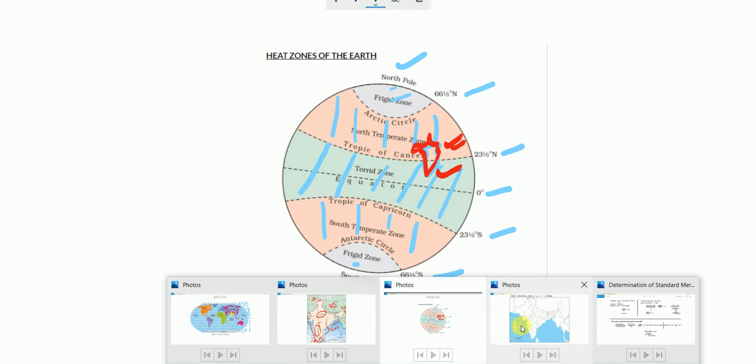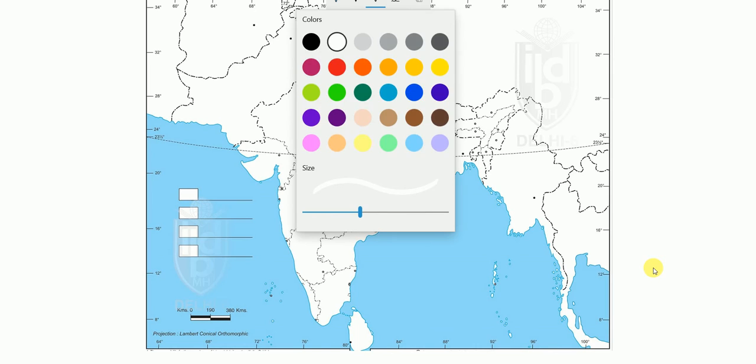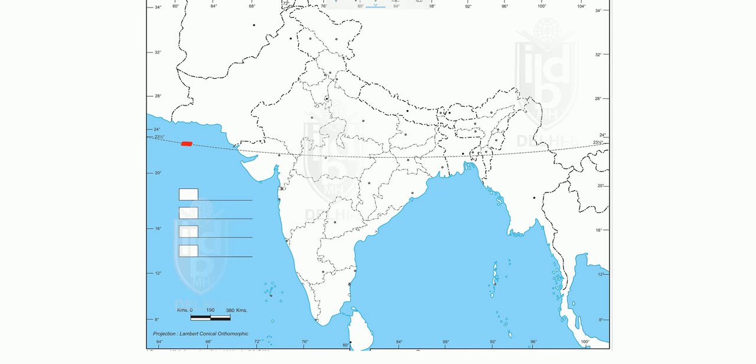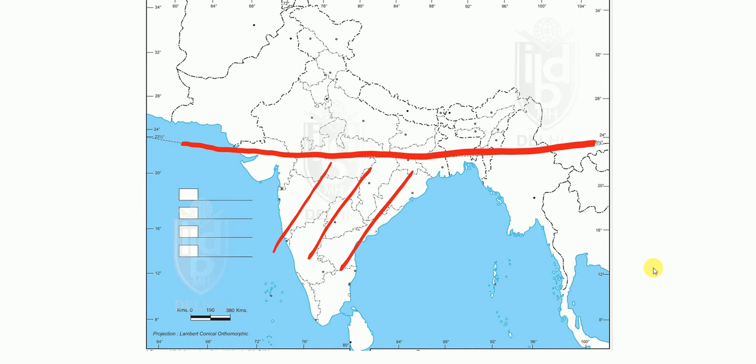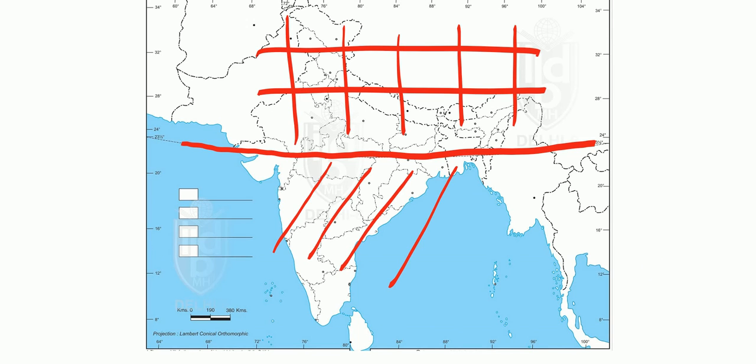Just see here. This is the Tropic of Cancer. That means the Tropic of Cancer passes through the middle of India, and because of that, the southern half lies in the tropical zone, and the northern half of India lies in the subtropical zone or warm temperate zone.